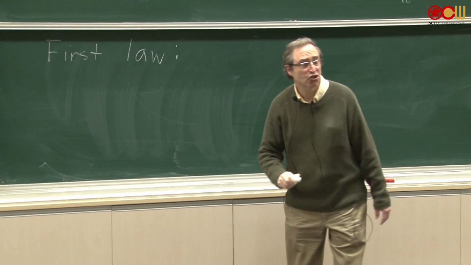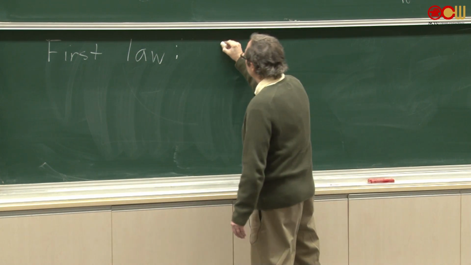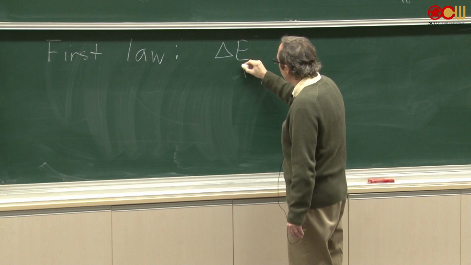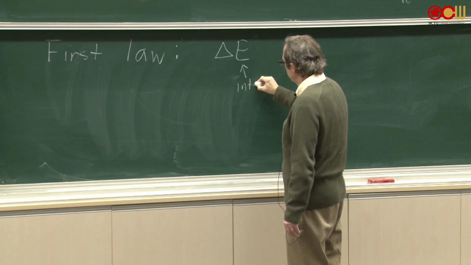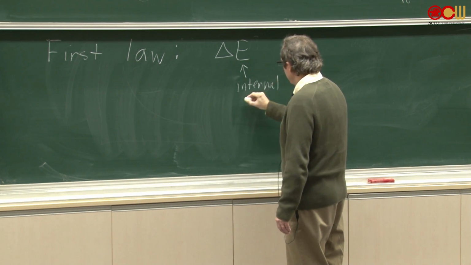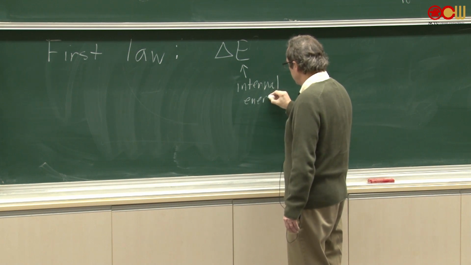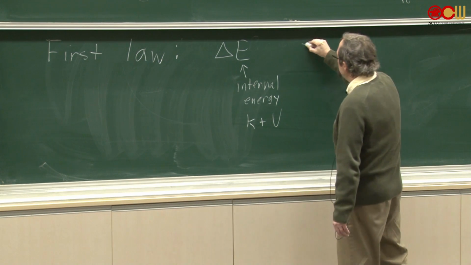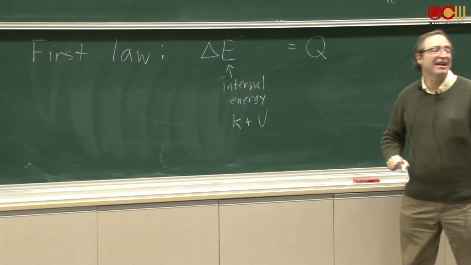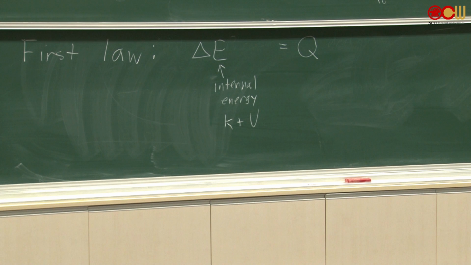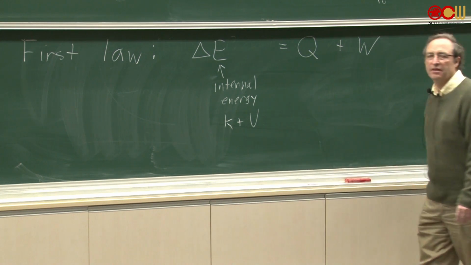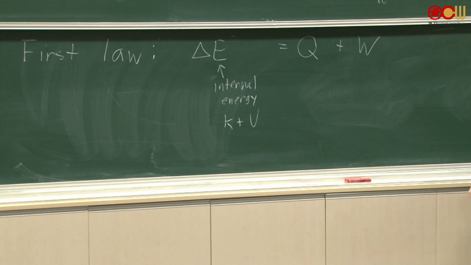All right, the first law just says the change in energy, so this is the internal energy, it's basically kinetic plus potential, is equal to the amount of heat, the amount of energy going into the system due to heating or cooling, plus W. All right?